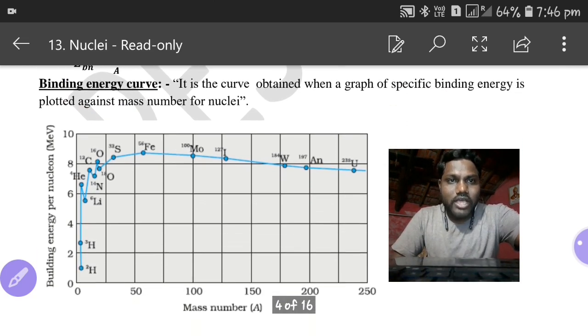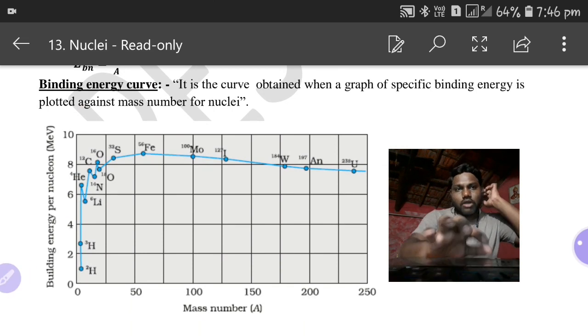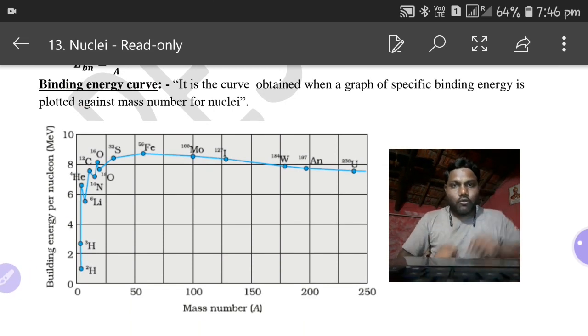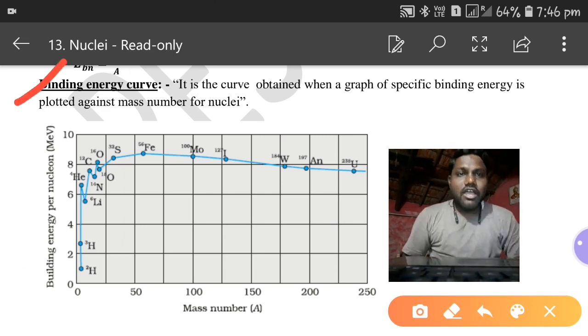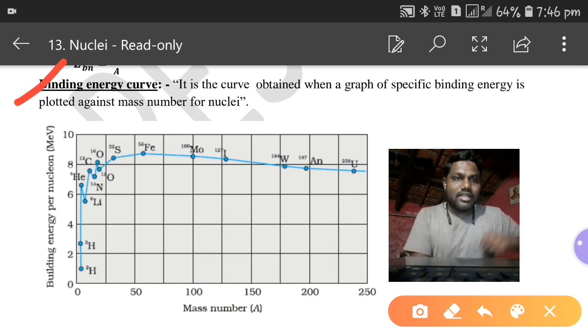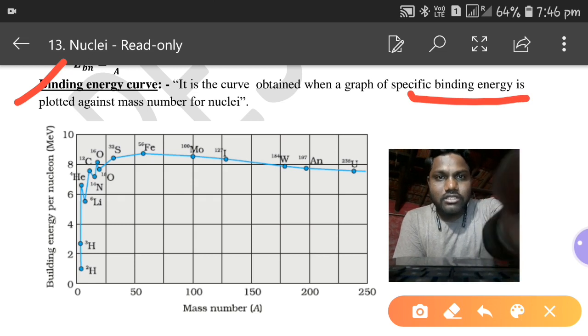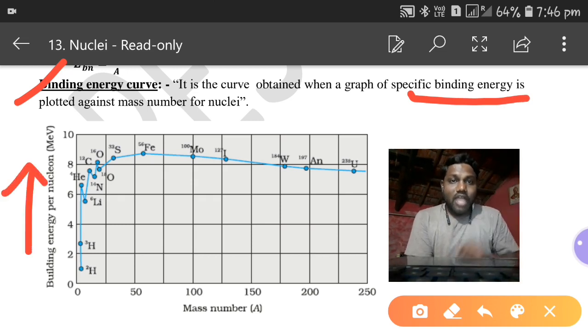In today's class, I am going to discuss one more important concept, that is the binding energy curve. First of all, what is meant by the binding energy curve? It is the curve obtained when a graph of specific binding energy, along the y-axis, is plotted against the mass number.